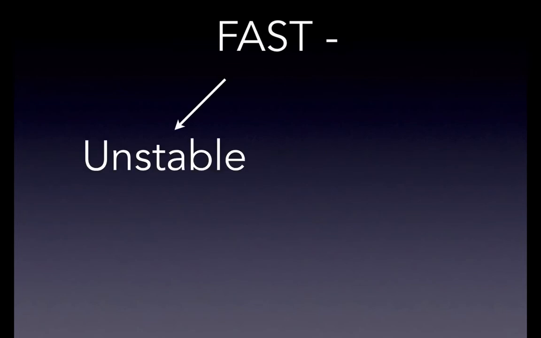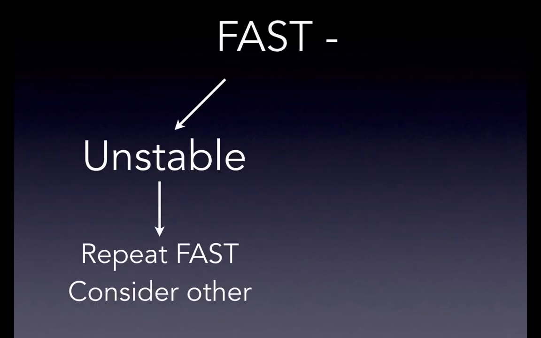So if your FAST is negative and you're still unstable, you can always repeat it or consider other causes of, in this case, probably hemorrhagic shock. And when you do ATLS and review all those mechanisms, you can think about all the other areas in the body that you could be bleeding from, losing volume.